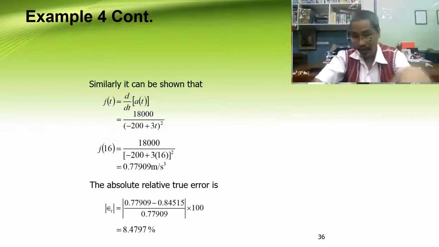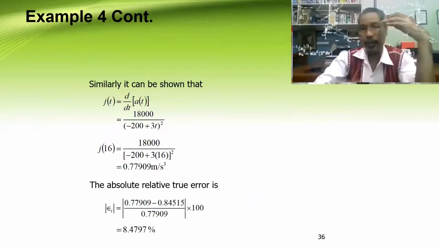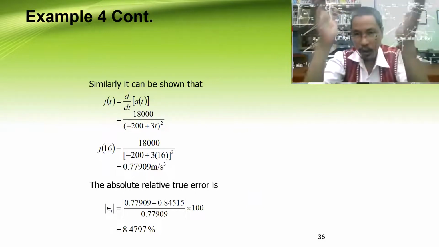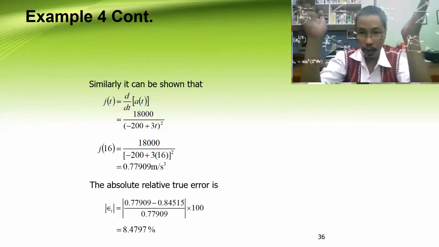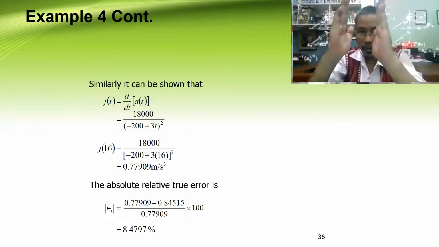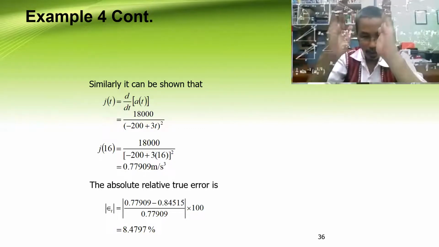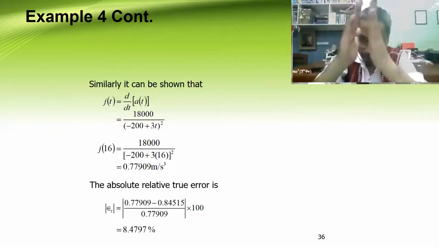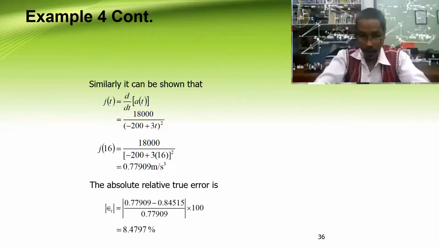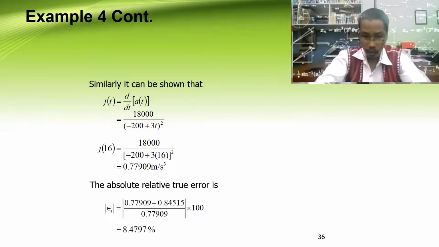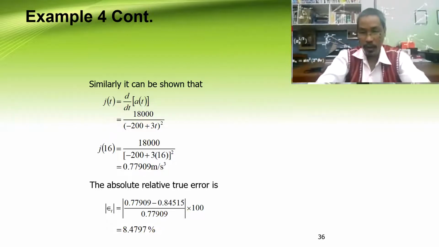How to make this error smaller? The same thing. Use a smaller step size. So our step size is 2 seconds. Make it 1 second. Not yet less than 5%. Make it smaller again until it gives us an absolute relative true error which is less than our tolerance value.